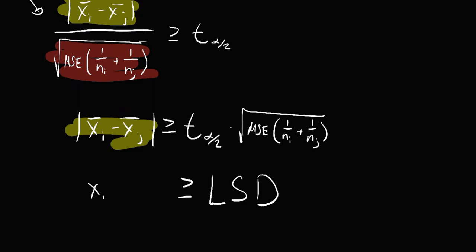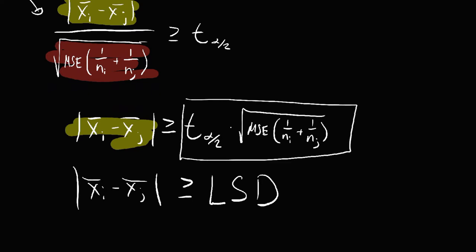So when we calculate LSD, that is where it's coming from in this particular case. And LSD is just this t times the square root of the MSE times 1 over n sub i plus 1 over n sub j. So we calculate this least significant difference, and then we can compare all of our pairs of means to the smallest difference that's significant.